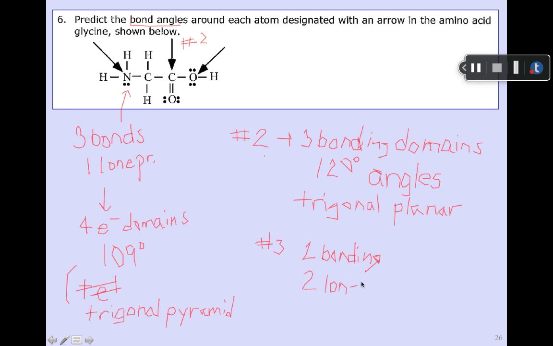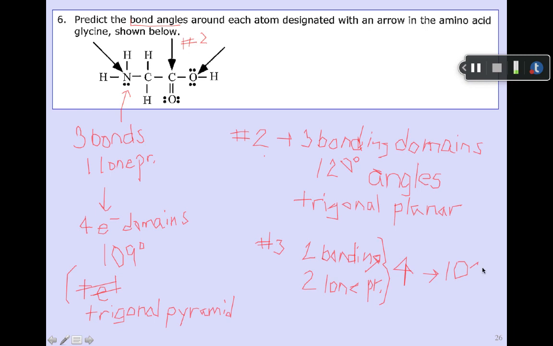And so for a total of 4 electron domains, again, same thing, you keep seeing these patterns, they're not very surprising, I hope, by now. 2 lone pairs and 2 bonding domains means we have a total of 4. And the 4 domains gives us, whoops, my tool didn't put the number on the way I hoped. Here we go. It's going to give us the 109-degree bond angle again.